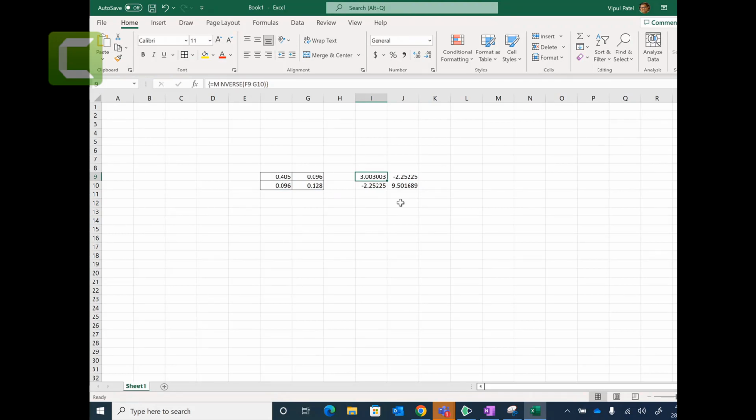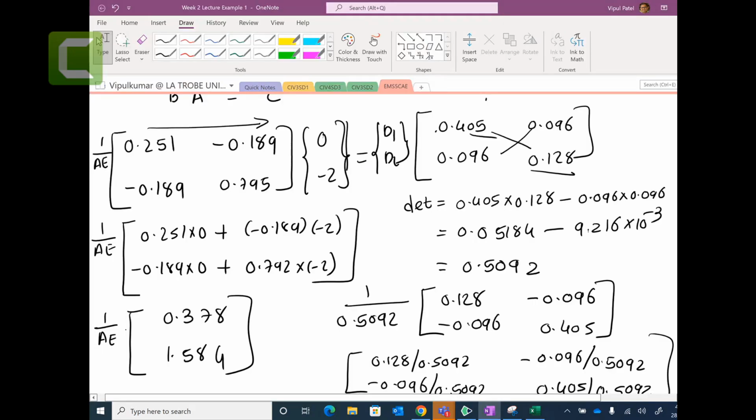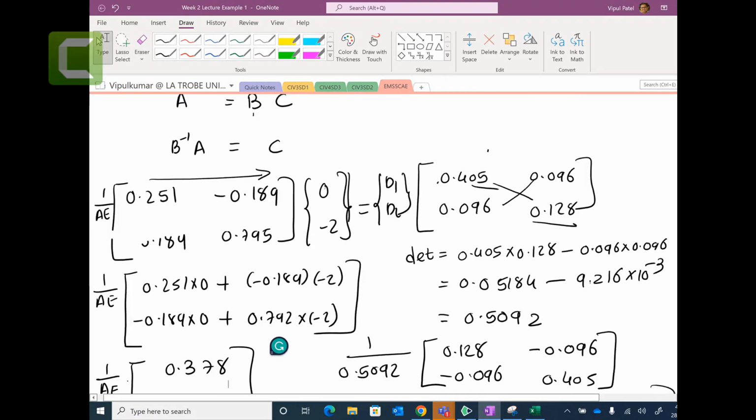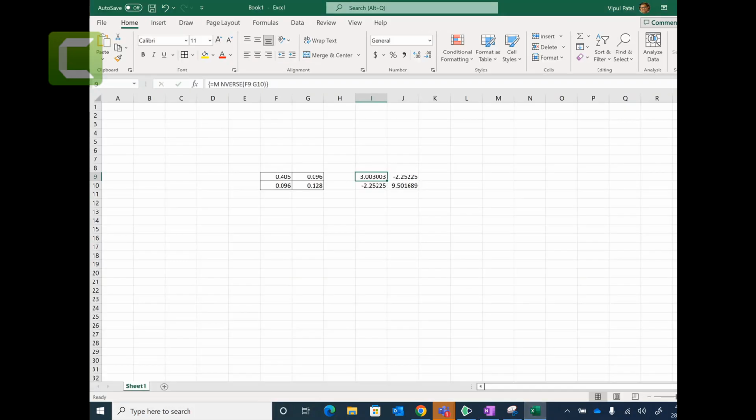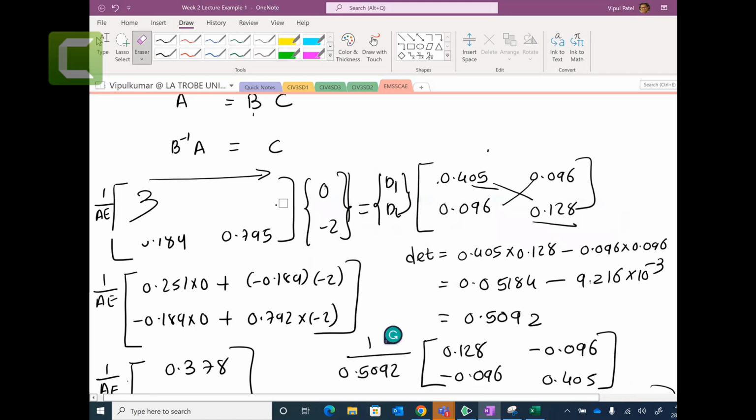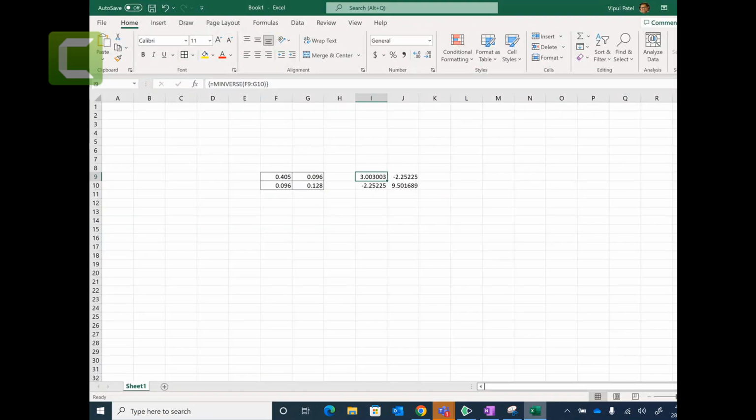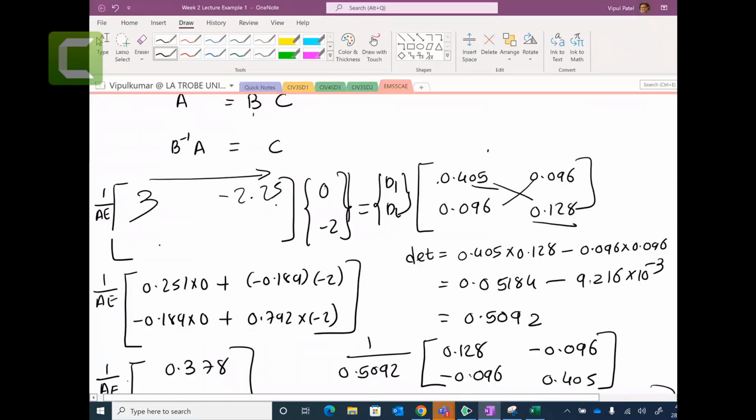I think this is the correct answer: 3, minus 2.25. Let me fix it. I think something is wrong here. I will fix it later. So here we got 3, minus 2.25, minus 2.25, and 9.5.